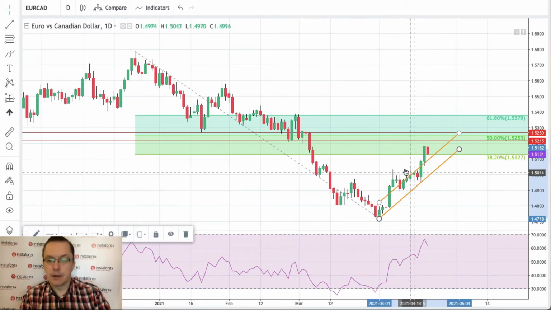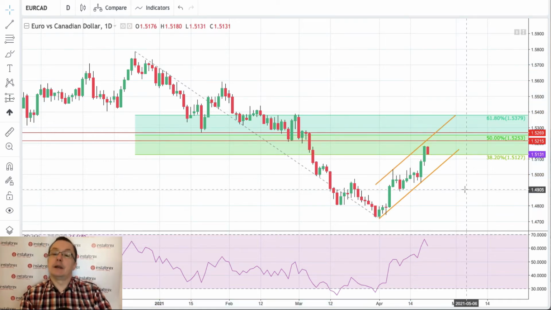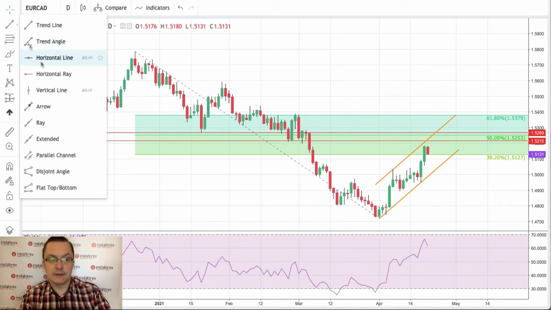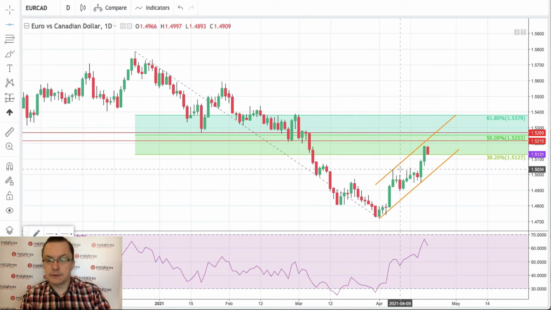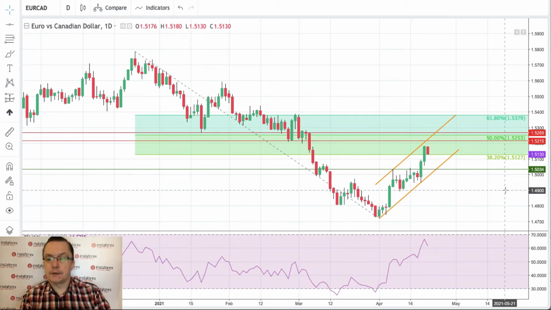We can do a small channel here to see how the market is performing inside of this channel, but this looks corrective in nature, despite the fact that there is, of course, technical support, which is right now located at the level of 1.5034.